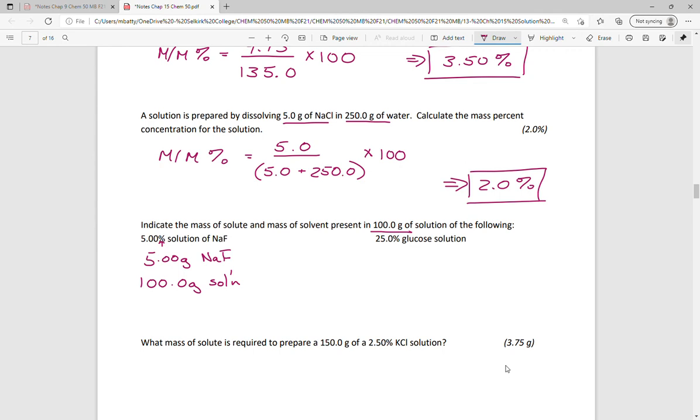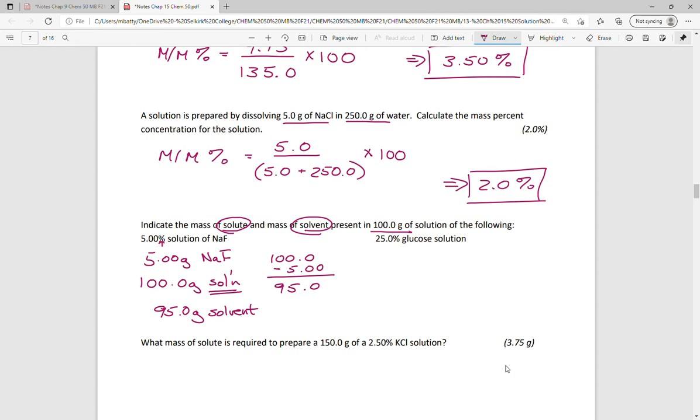And so if we think about what this question says, indicate the mass of the solute and the mass of the solvent, well, I could take the 100 minus the 5 to calculate the mass of the solvent. That's how much water is making up that entire solution. And so that gives me 95.0 grams of the water, assuming it's water.